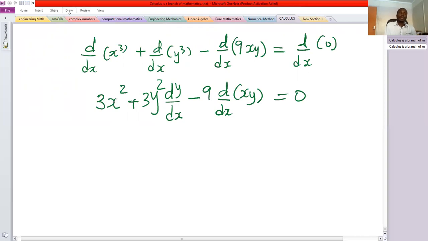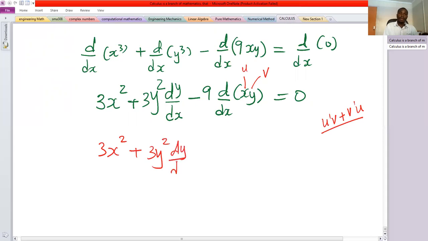Now here is a product of two functions. So you let this one be u, and this one be v. We need u prime v plus v prime u. So we'll have 3x squared plus 3y squared dy/dx minus 9 times: u prime, d/dx of x, is 1 times y, you get y, plus v prime, differentiating y with respect to x.